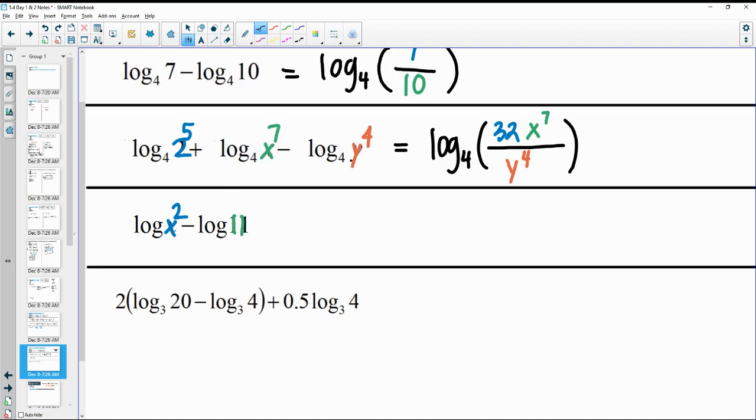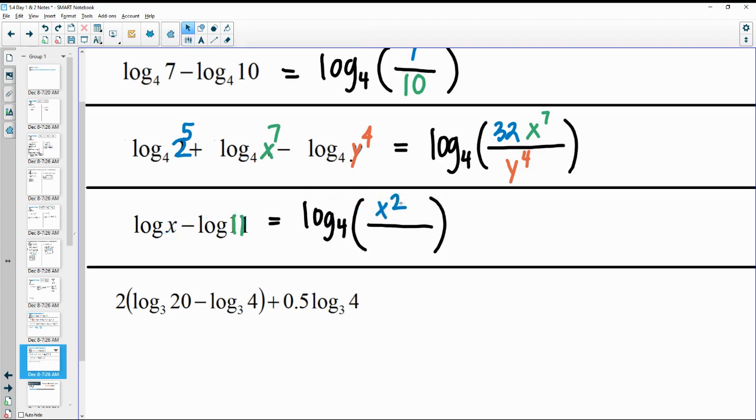And we see that we're subtracting. So that means we're going to be taking log base 4 and we'll be dividing these. So we'll be taking the first one of x squared, and then we'll be dividing that by 11. So then this will simplify to log base 4 of x squared over 11.